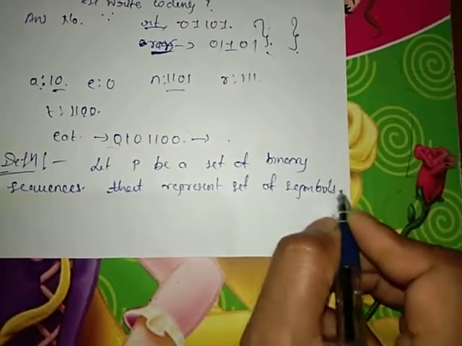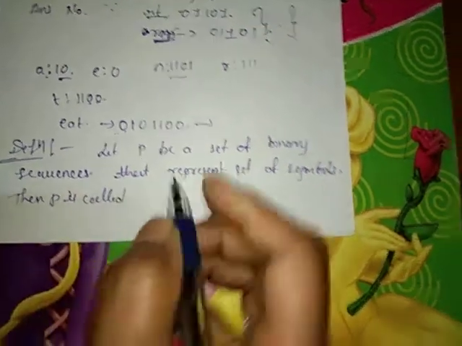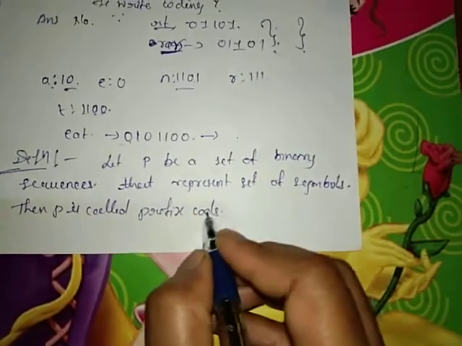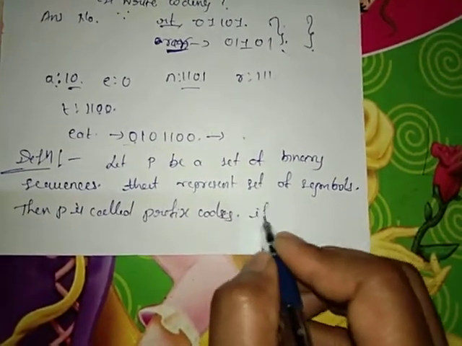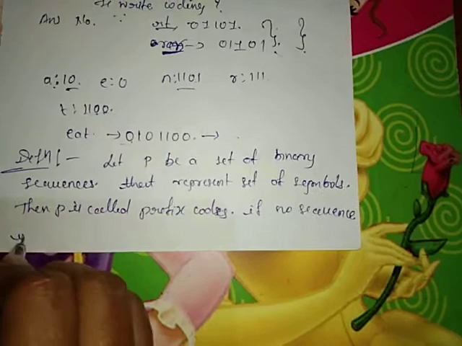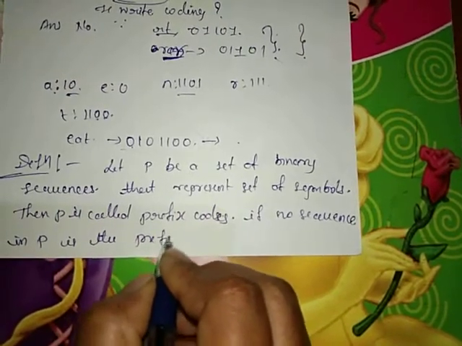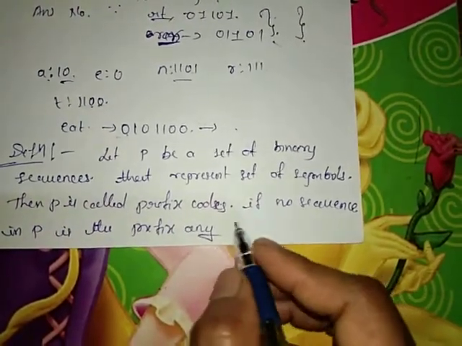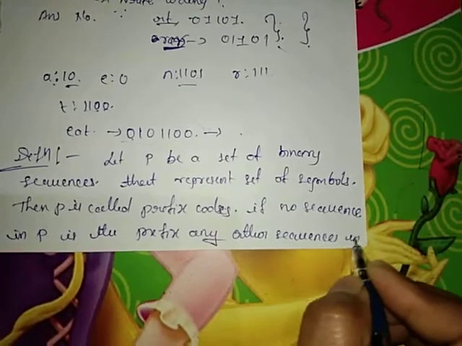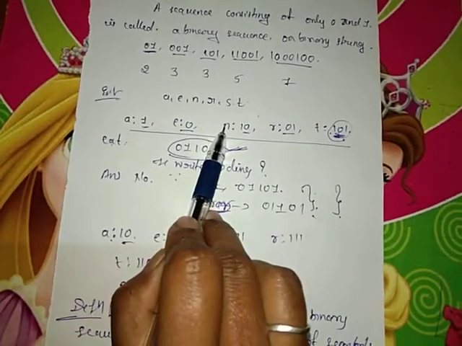Then P is called a prefix code if no sequence in P is the prefix of any other sequence in P. Means here T is the prefix of A and N.